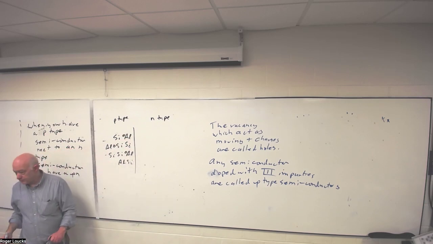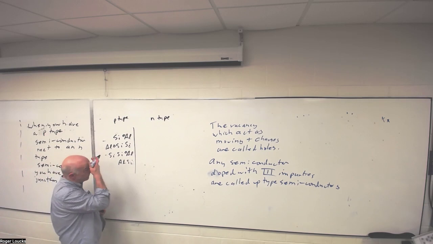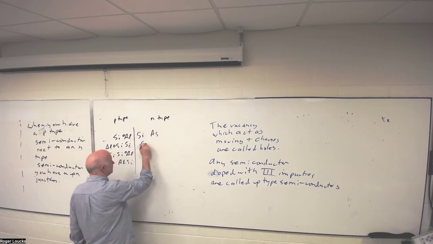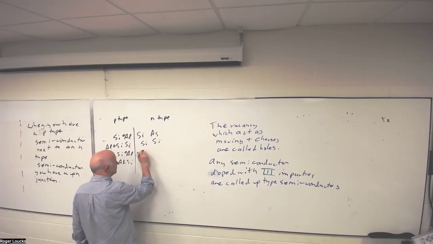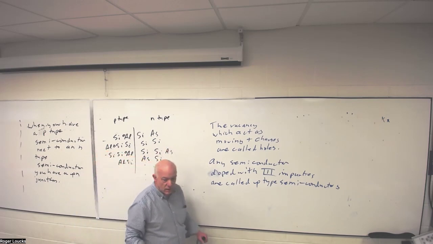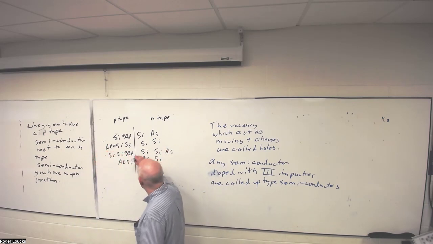These are the holes. And what do we have over here in the n-type? We have silicon, arsenic, silicon, silicon, arsenic, silicon, things like that. And they're going to have this extra electron here.